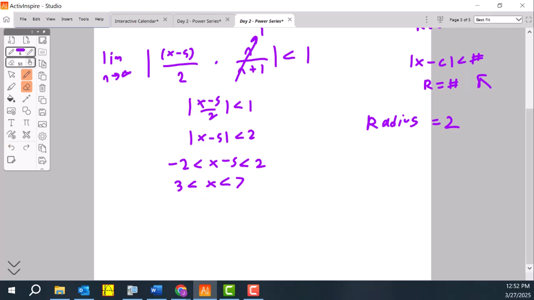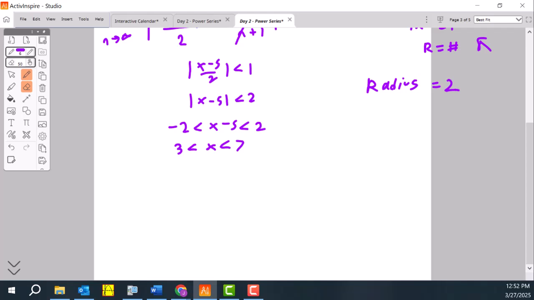For these, we're just going to plug them into the original series and see, when I plug it in, does it give me a convergent series or a divergent series? So for example, for x equals 3, we have the sum from n equals 1 to infinity of negative 1 to the n plus 1, times (3 minus 5) to the n over n times 2 to the n.